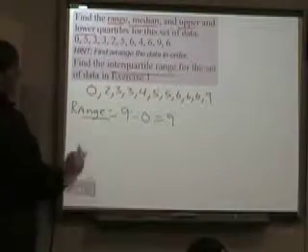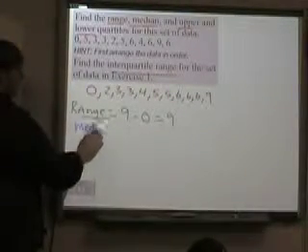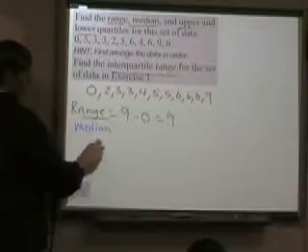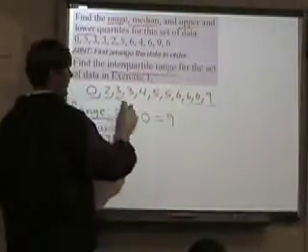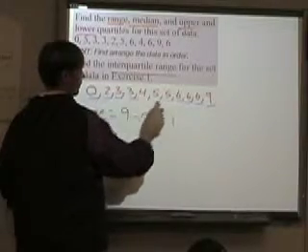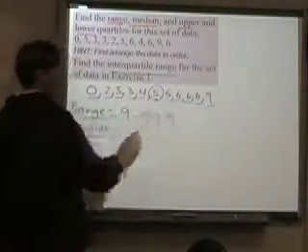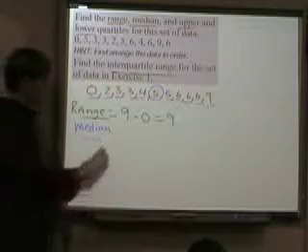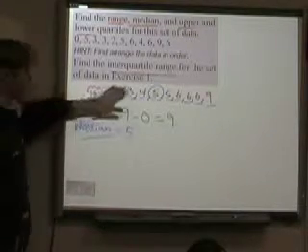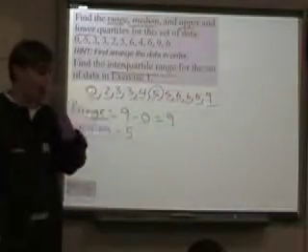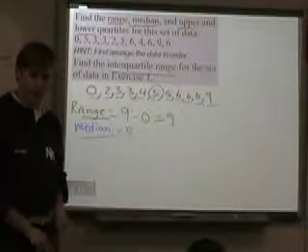Now, the next thing they want us to find is the median. Okay? The median is the middle number. So let's see if we can find out what the middle number is. So it's 5. Now this is a unique problem because there's an odd number, so the lower and the upper are a little bit different than last time.